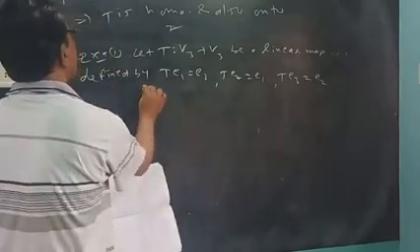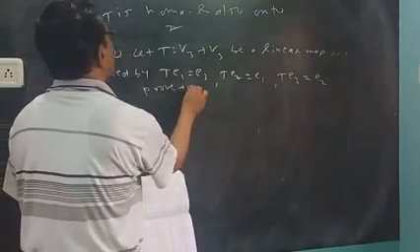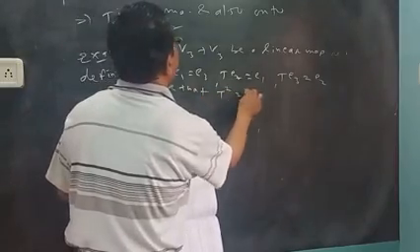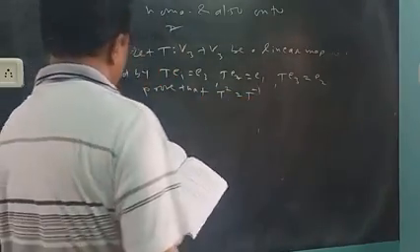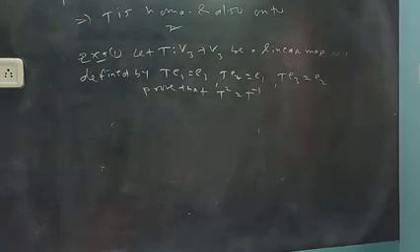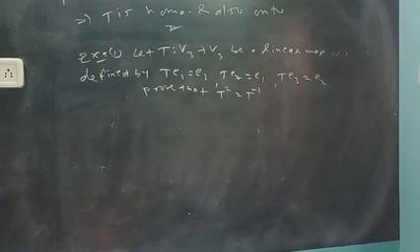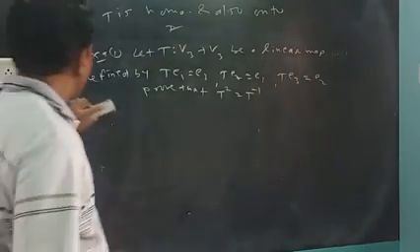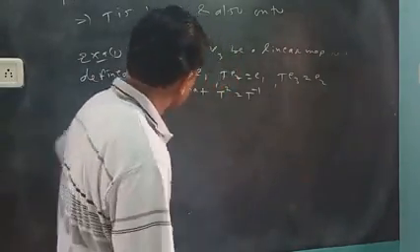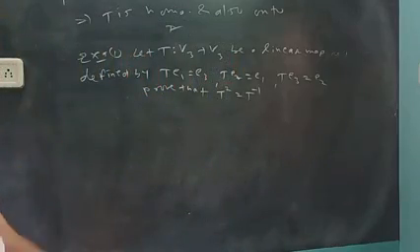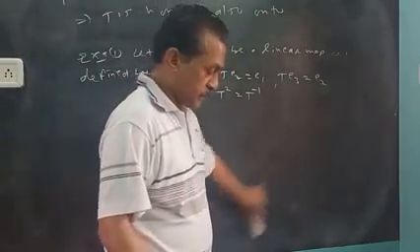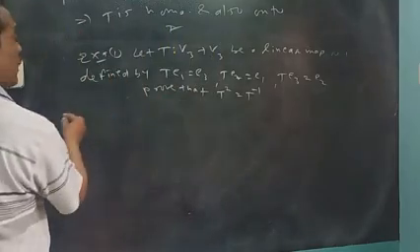Then the question is to prove that T square is T inverse. So first find T square and find T inverse. For T inverse, I want 1-1 and onto. Okay, T square.